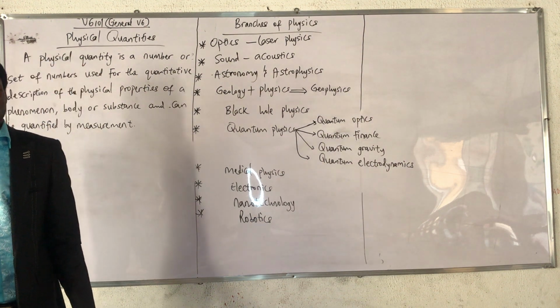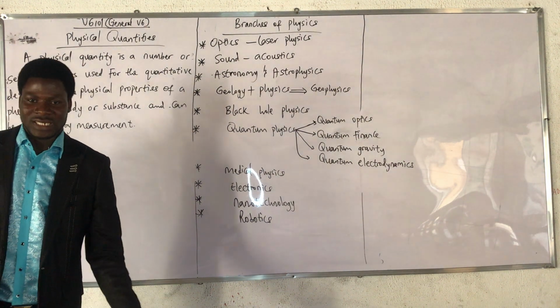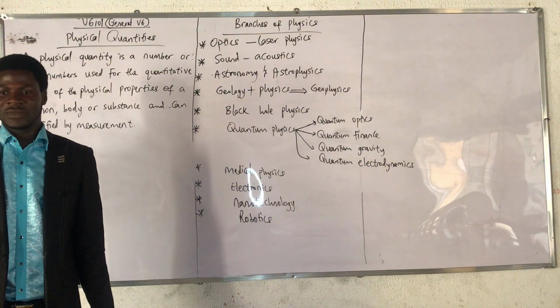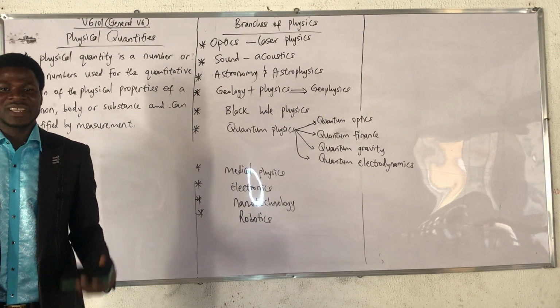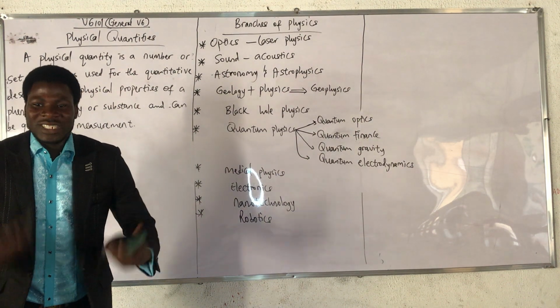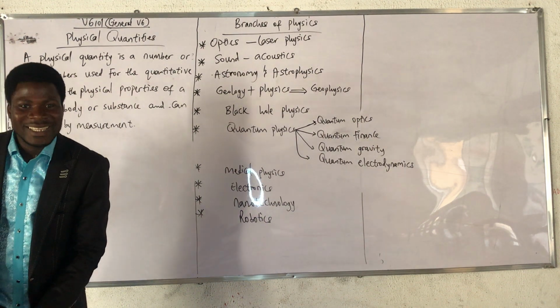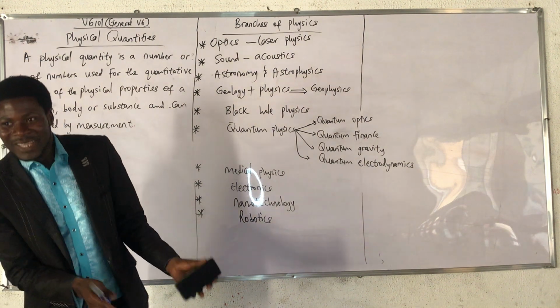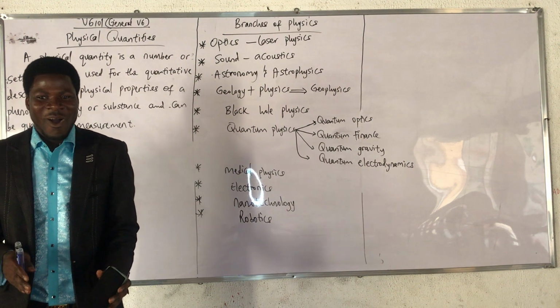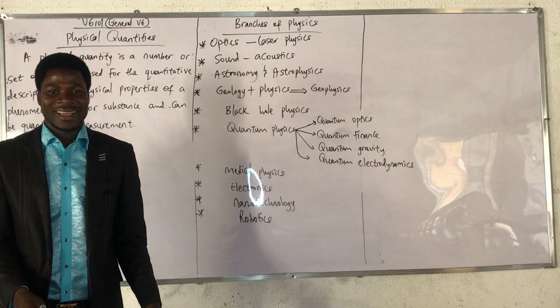That is why if someone is sad or you are hungry, you don't go to a physicist. A physicist cannot help you. Why? He or she cannot quantify the degree of your sadness or hunger.